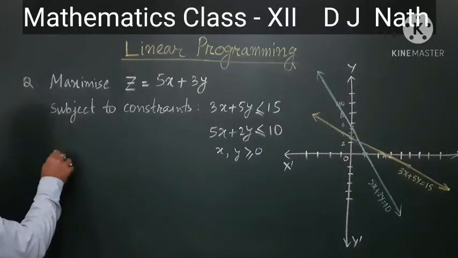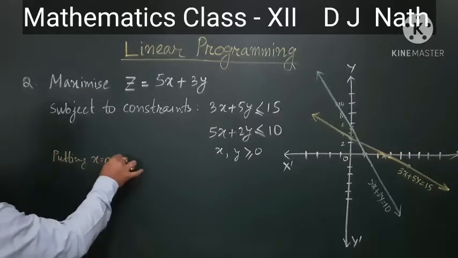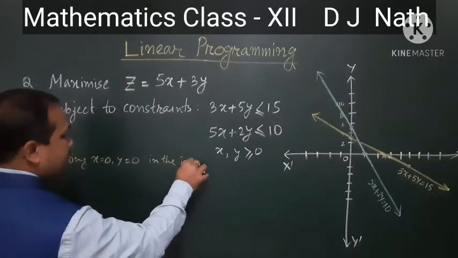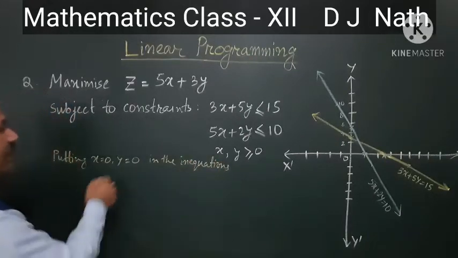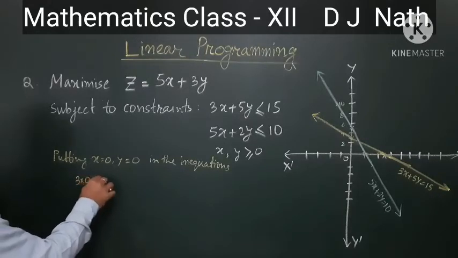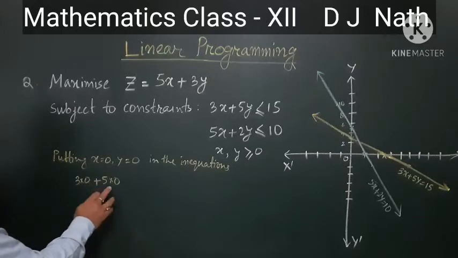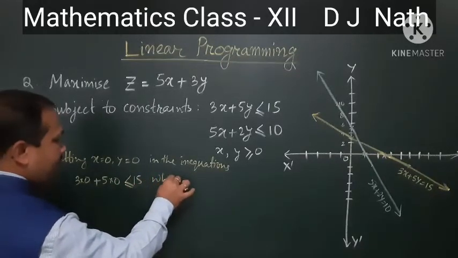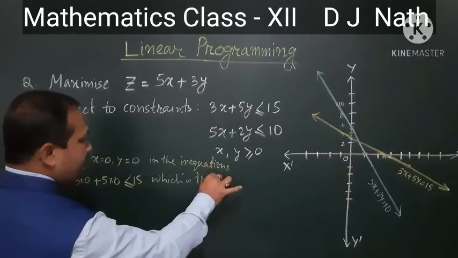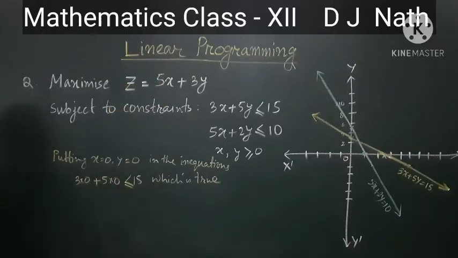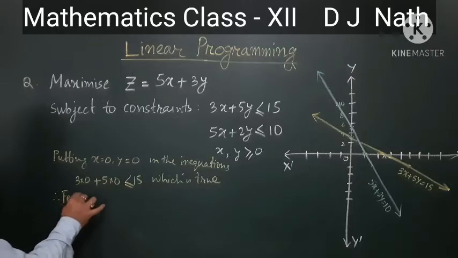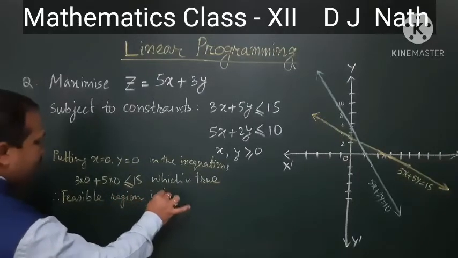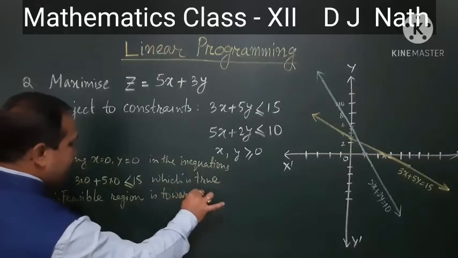So, putting x is equal to 0, y is equal to 0 in the inequations, what we get? 3 into 0 plus 5 into 0 is 0 plus 0, which is less than or equal to 15, which is true. So, feasible region is towards origin.